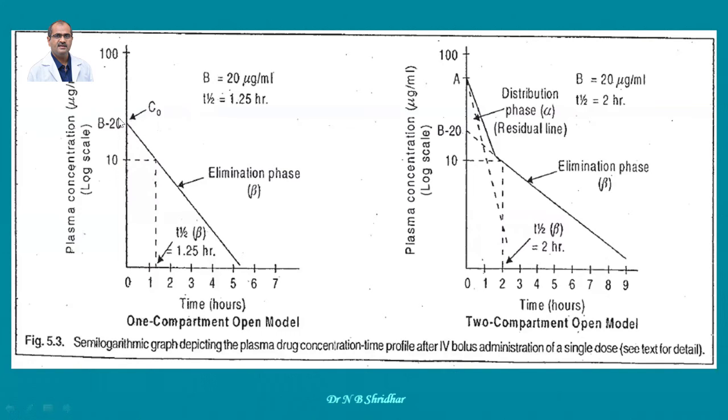Whenever the drug is given as a bolus dose, the highest concentration will be at 0 time or 0 hour, and slowly the concentration of the drug in plasma is reduced. That is called the elimination phase, because only due to elimination the slope of the curve is a straight line, a logarithmic straight line.